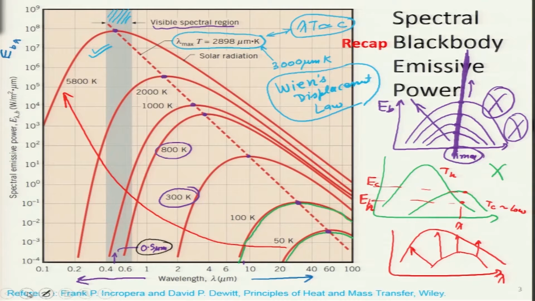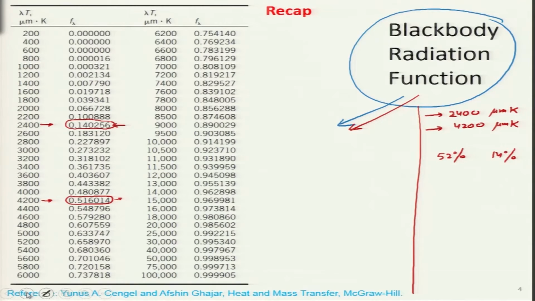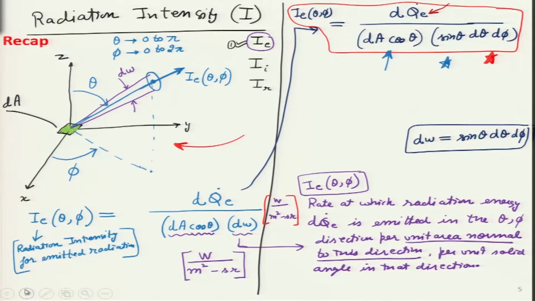We started off with the spectral black body emissive power figures. Last time we introduced the concept of radiation intensity, which is given by the symbol I, and we looked at it quite extensively for the case of emitted radiation intensity.